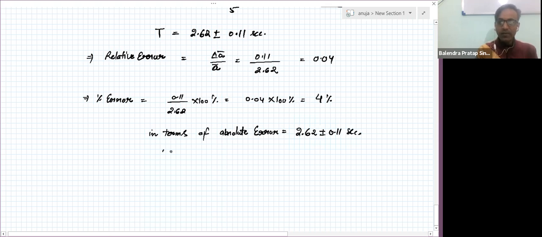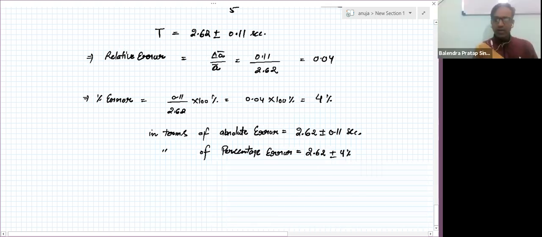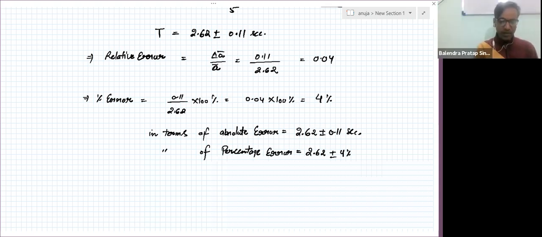And in terms of percentage error, your exact value is 2.62 plus minus 4%. I think these two problems are enough on this topic. Now all the things I discussed in error analysis are clear.